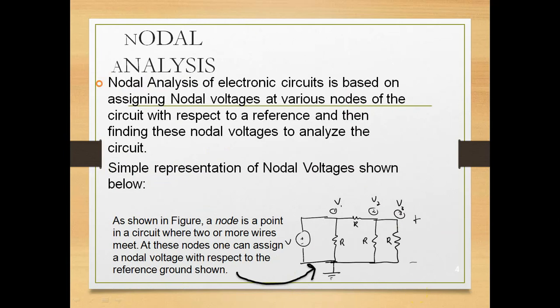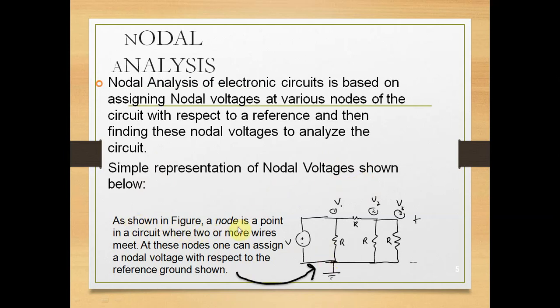Then for this example, the nodal analysis. The nodal analysis of an electronic circuit is based on assigning nodal voltages at various nodes of the circuit with respect to the reference, and then finding the nodal voltages to analyze the circuit. The simple representation of the nodal voltage is shown in the figure below.